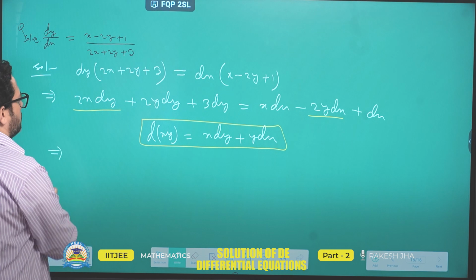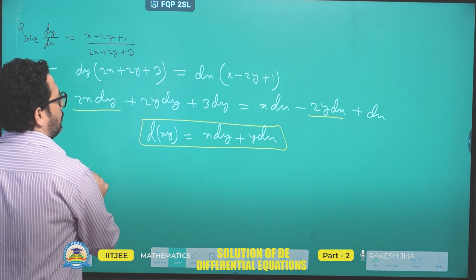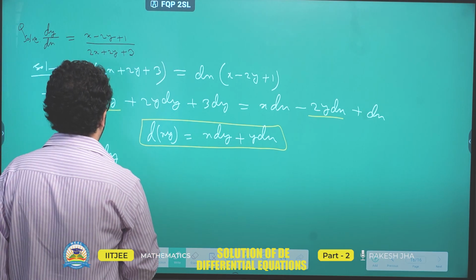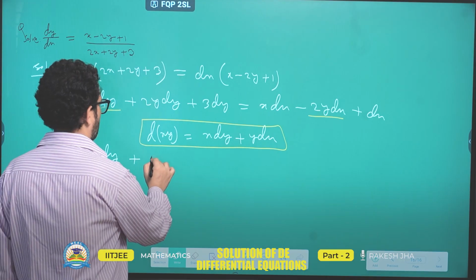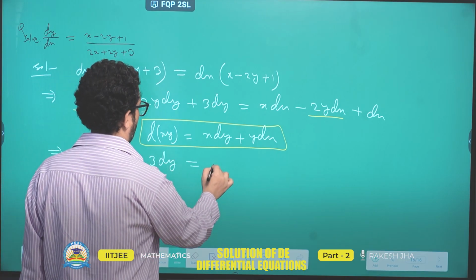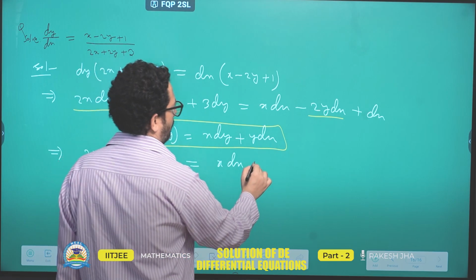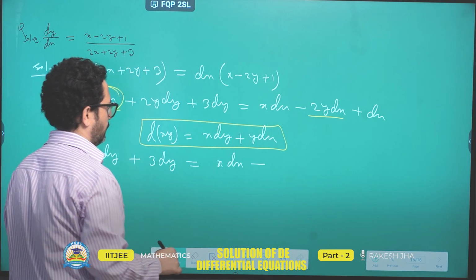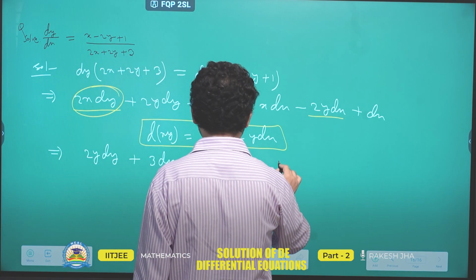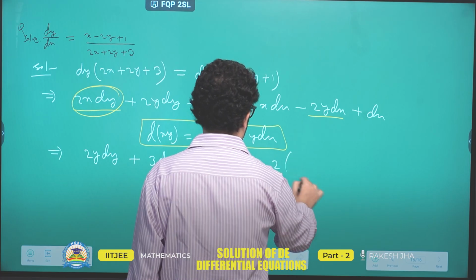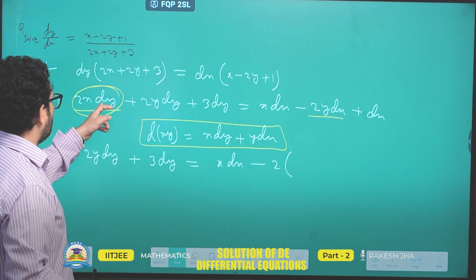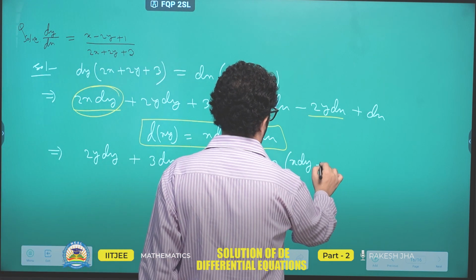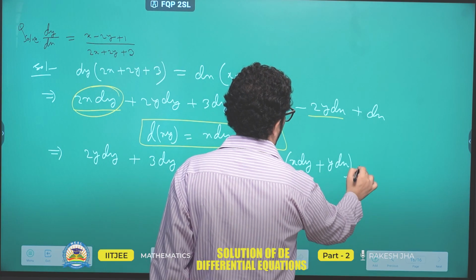If we proceed this way: 2y dy plus 3 dy is equal to x dx minus, this will go to the right side, 2 times, and within brackets because it will be negative, x dy plus y dx, plus dx.